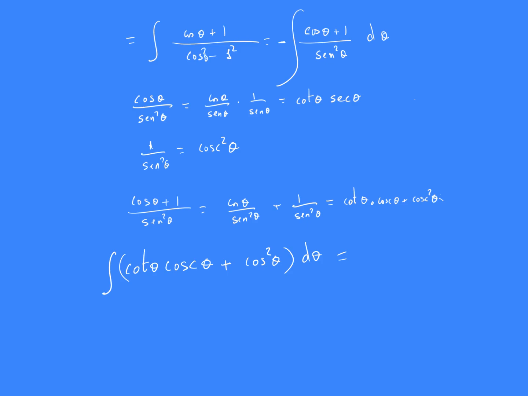What is the function whose derivative is cotangent times cosecant? I think that is cosecant theta. And what is the function whose derivative is cosecant squared of theta? It is cotangent theta.